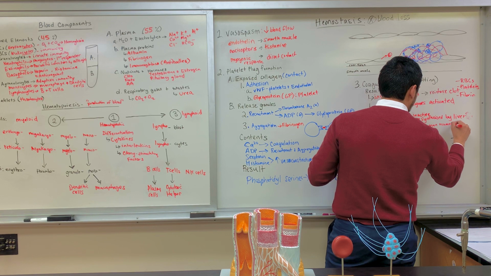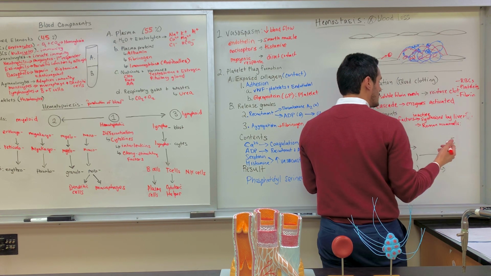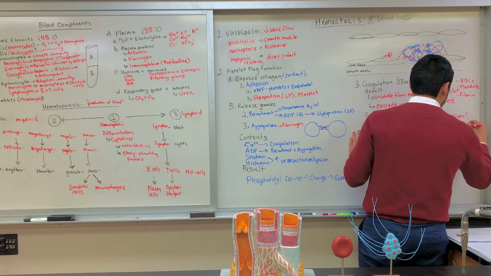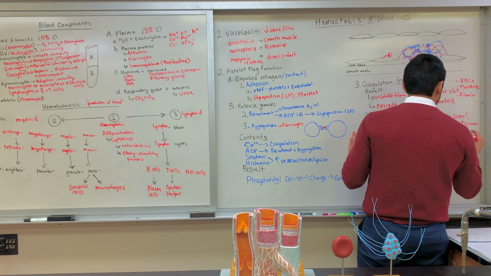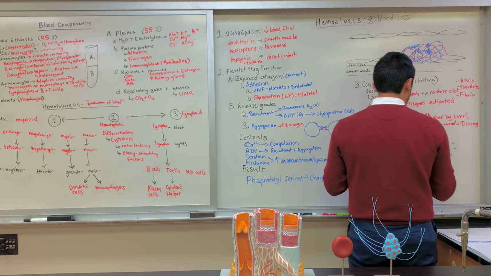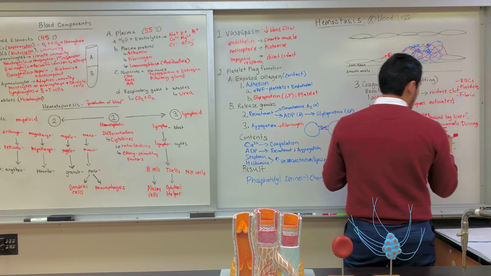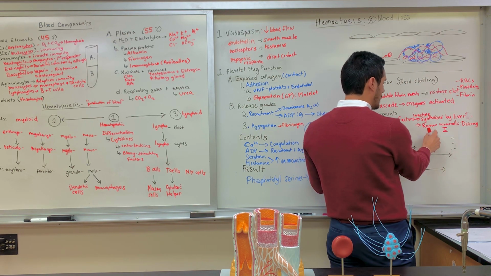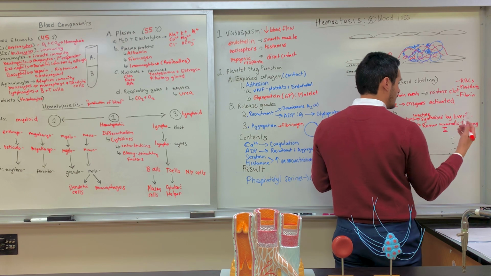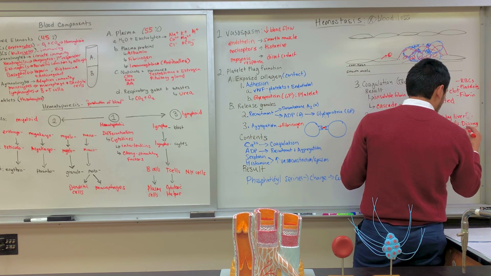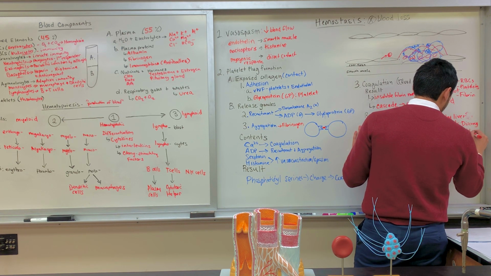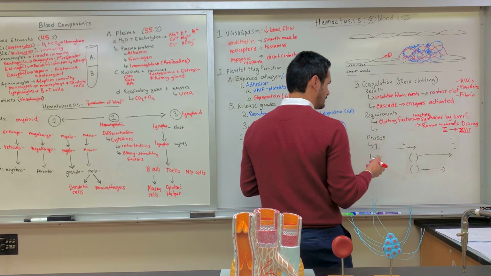The naming with the Roman numerals is based off of discovery. So for instance, factor 1 was the first clotting factor that was discovered. And then it goes all the way until factor 13. This was the last one that they discovered.